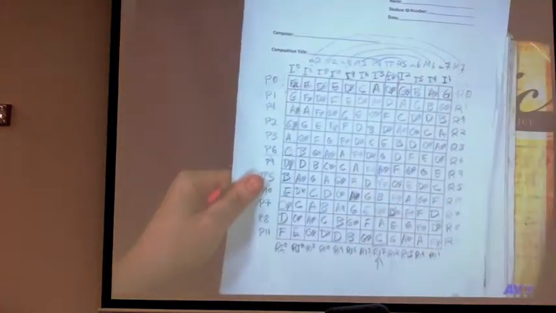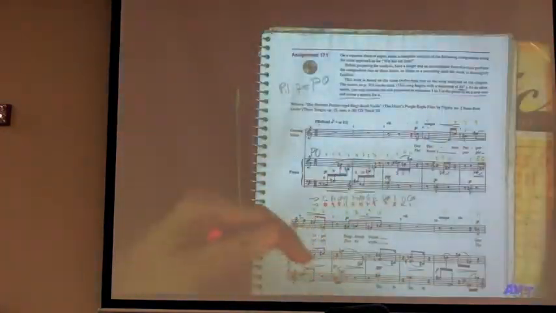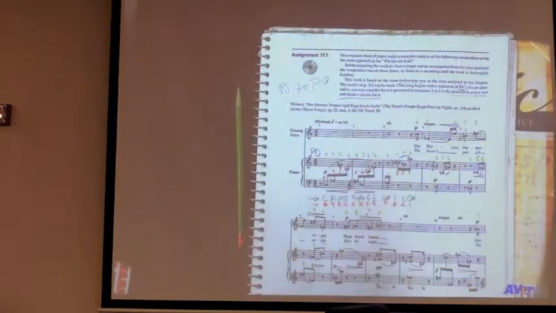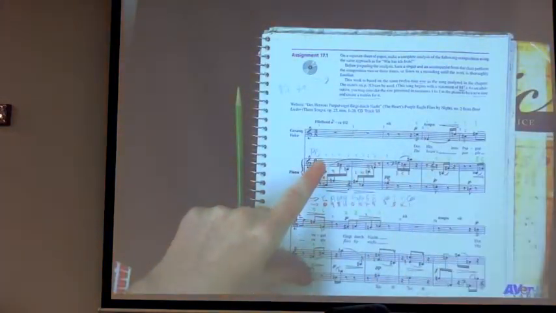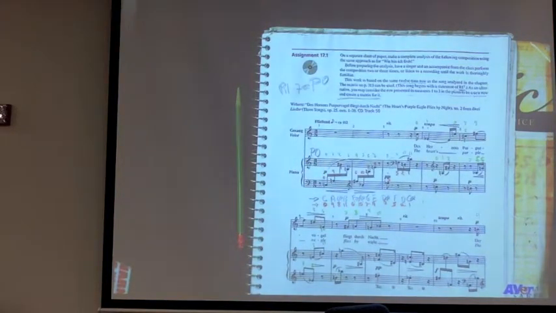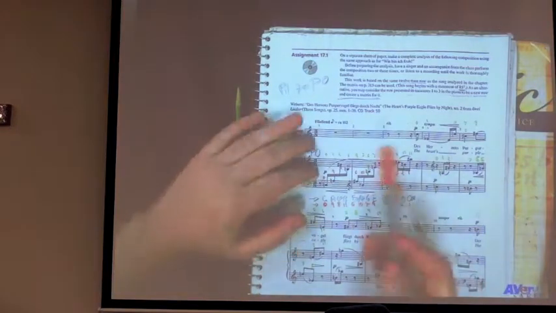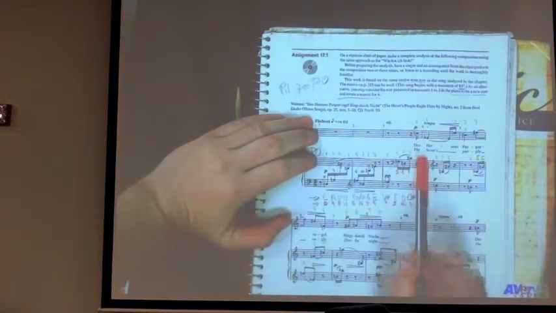So you're going to make a matrix, and I will upload an empty matrix for you guys to fill out. And then what you can do is analyze these rows based on the matrix that you create. Now, one way that people do this is, here's our actual order of the notes.